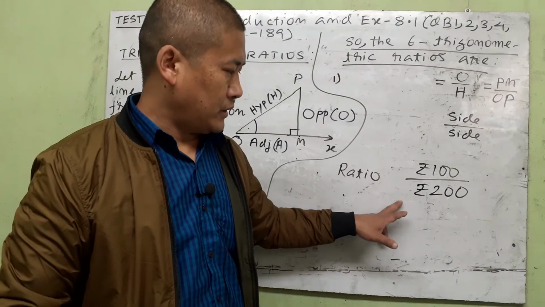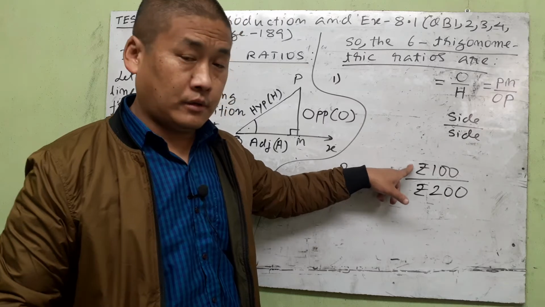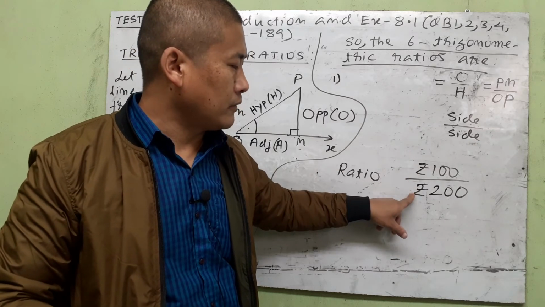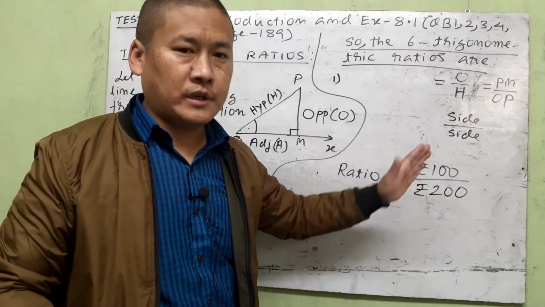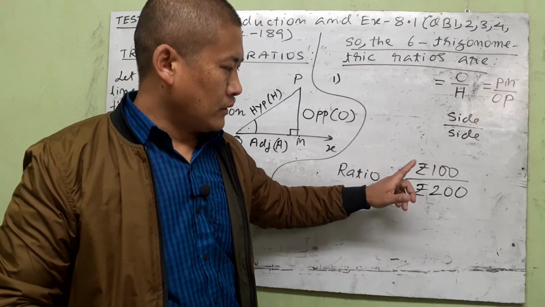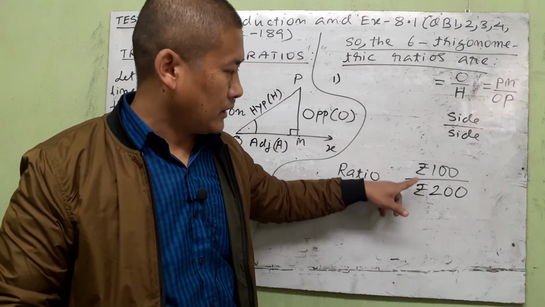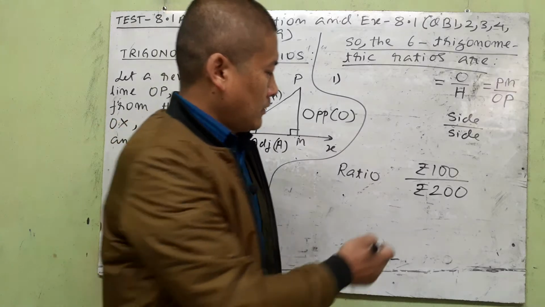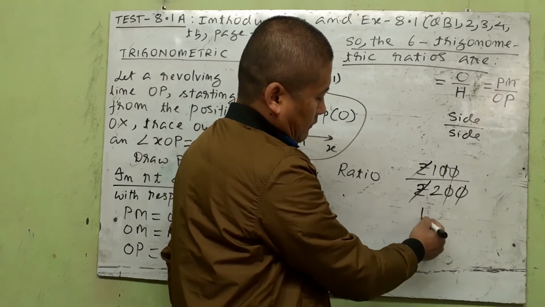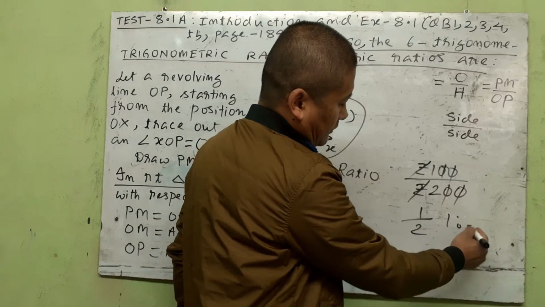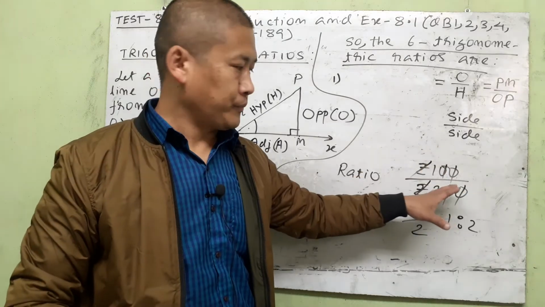What did we do just here? We divided the pocket money of a particular boy in your class by the pocket money of another boy. Why? To compare how much they are getting. So this type of division where you divide the same type by the same type, like see here, money by money, the unit will always get cancelled in a ratio. Then 1 is divided by 2, or we can write 1 is to 2. This is called a ratio, division of same type.